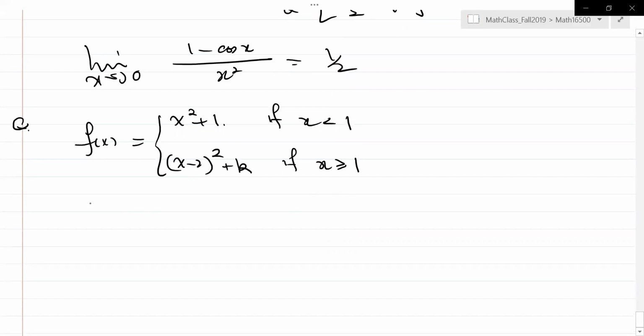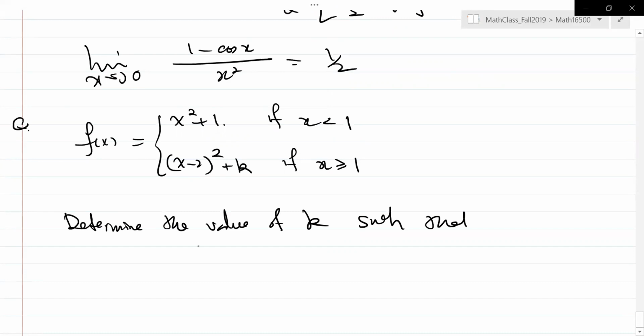What is the question? The question is, determine the value of k such that the right hand limit equals the left hand limit of the function.